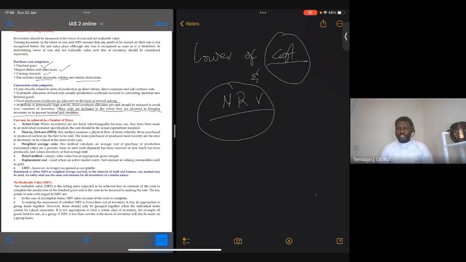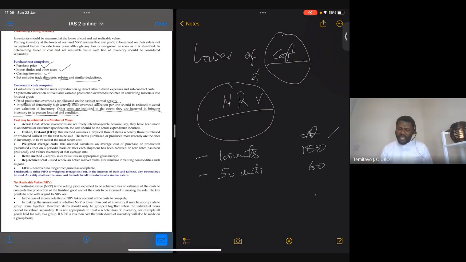Then you had an additional 50 units valued at 60 naira.